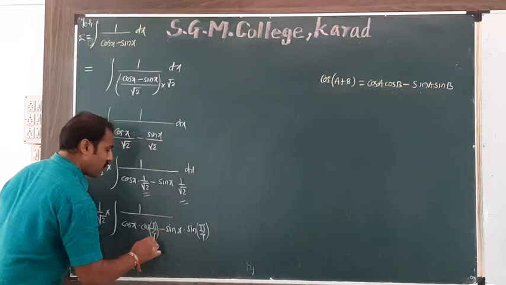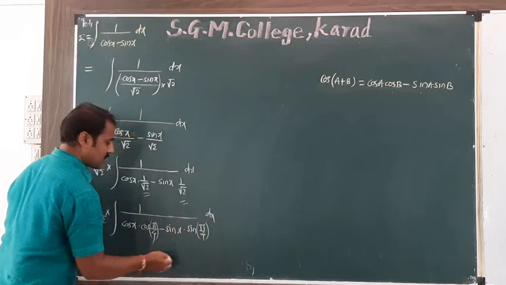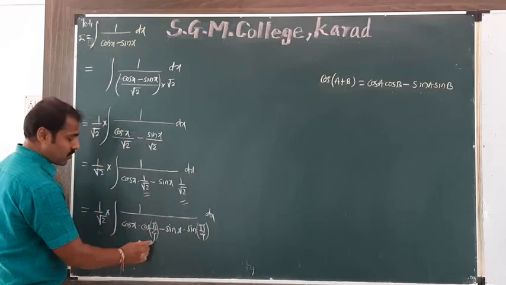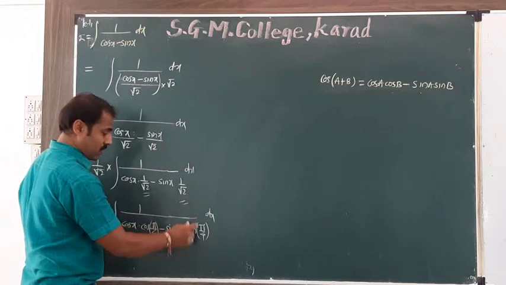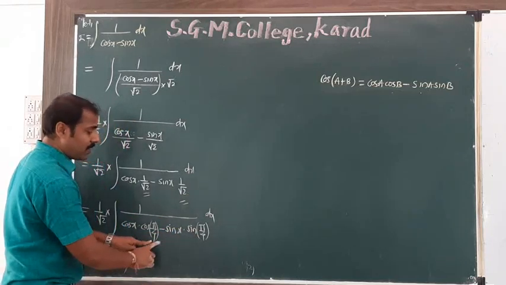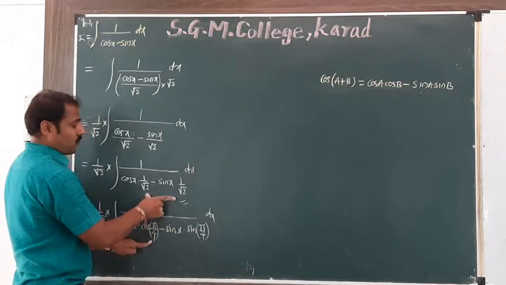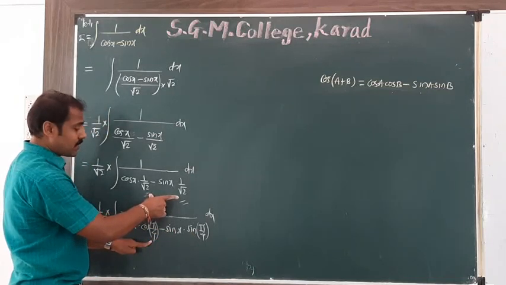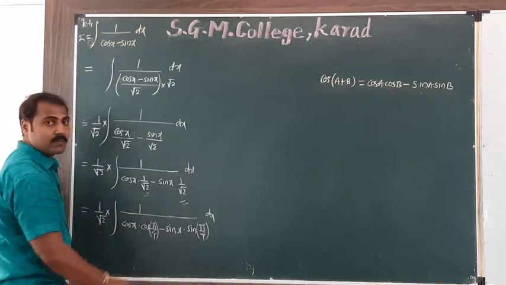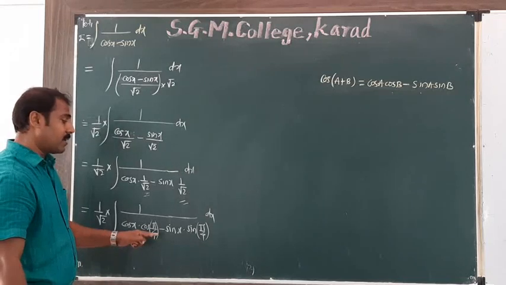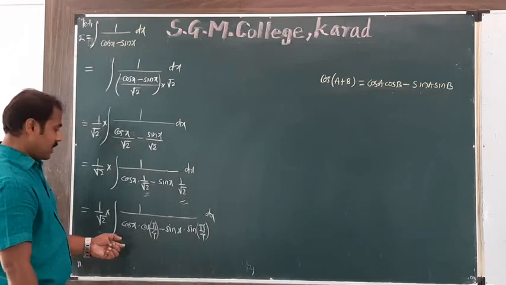Why do we write this? Because here the value of 1 upon root 2 is cos pi by 4 and the value of 1 upon root 2 is sin pi by 4. Remember, the angles of both trigonometric ratios are the same. Then we will substitute.